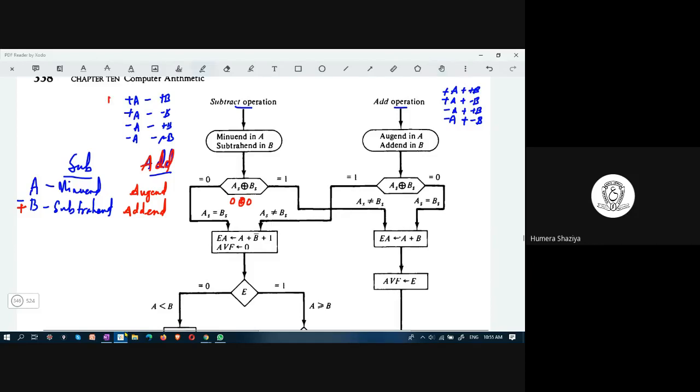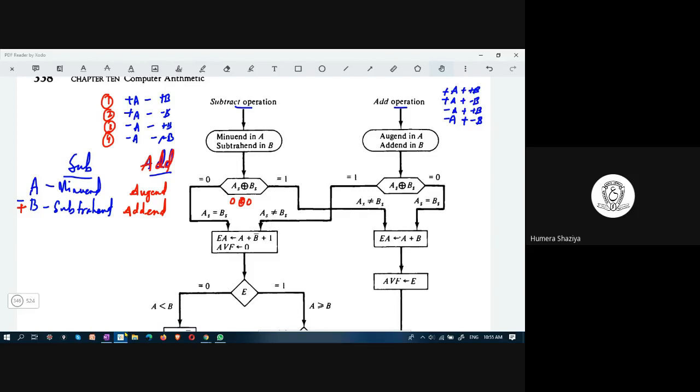Students, please tell me, these 4 cases are there, no? In the first case, which operation is performed? Second and third and fourth, which operation is performed?